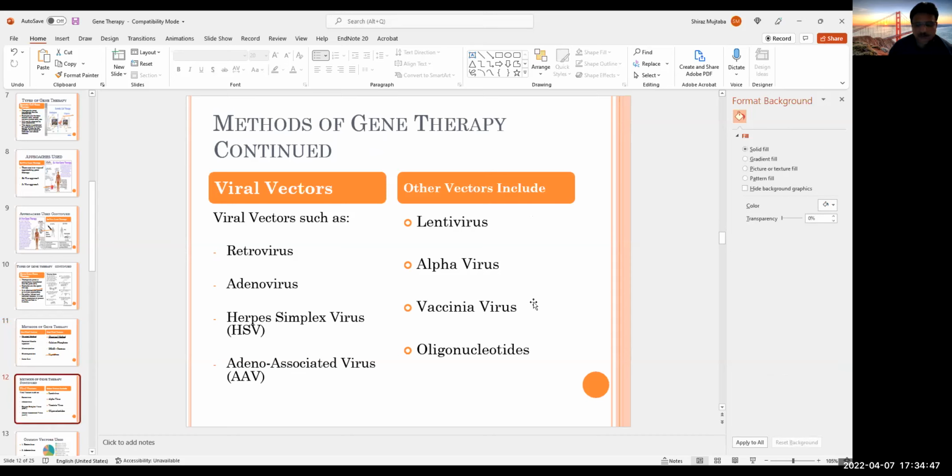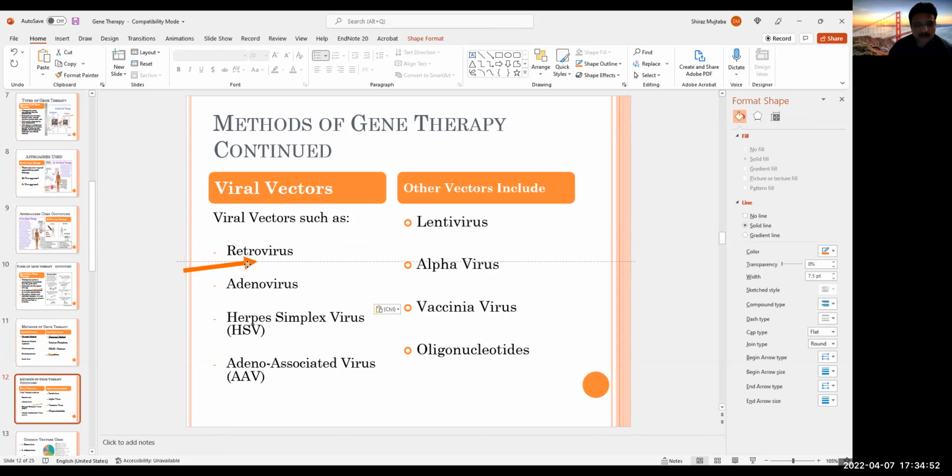So as I mentioned to you, the DNA has to be targeted into the right cells, so it could be done through viruses. So why viruses?